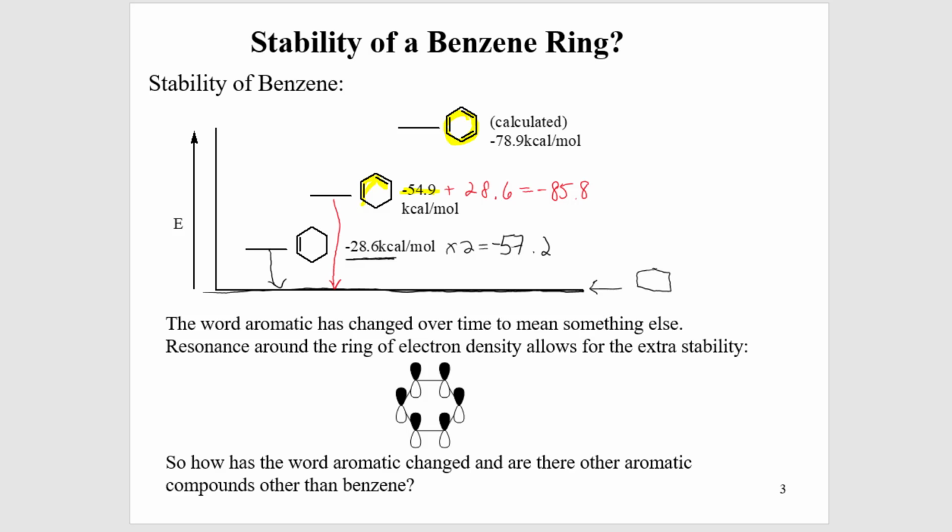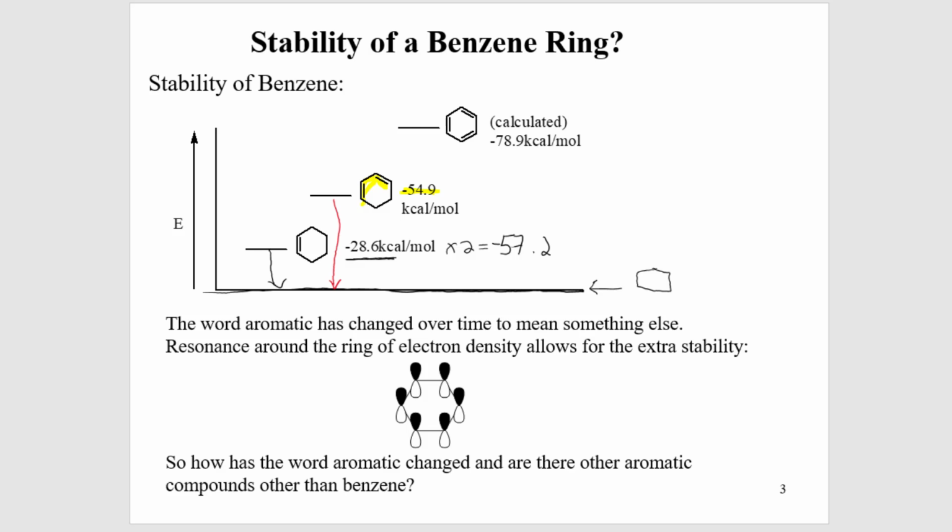Now, it's not going to be just slightly less than 85 because if you think about it, the third double bond that you're adding is not just conjugated to the one, it's conjugated in both directions. So they did a calculation and they calculated that you're going to get about negative 78.9, so even more conjugated stability for 3 double bonds.